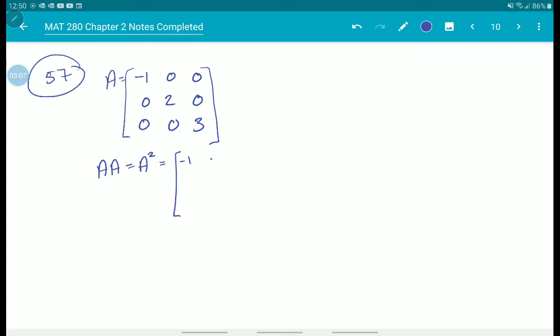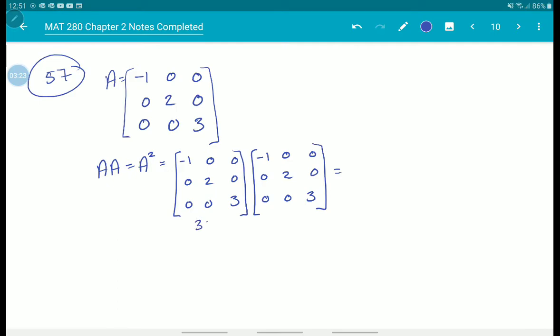We have negative 1, 0, 0, 0, 2, 0, 0, 0, 3, and we're multiplying it by itself. So we have a 3 by 3 multiplied by a 3 by 3. Since the inside dimensions match, it is defined, and we're going to result in a 3 by 3 matrix.